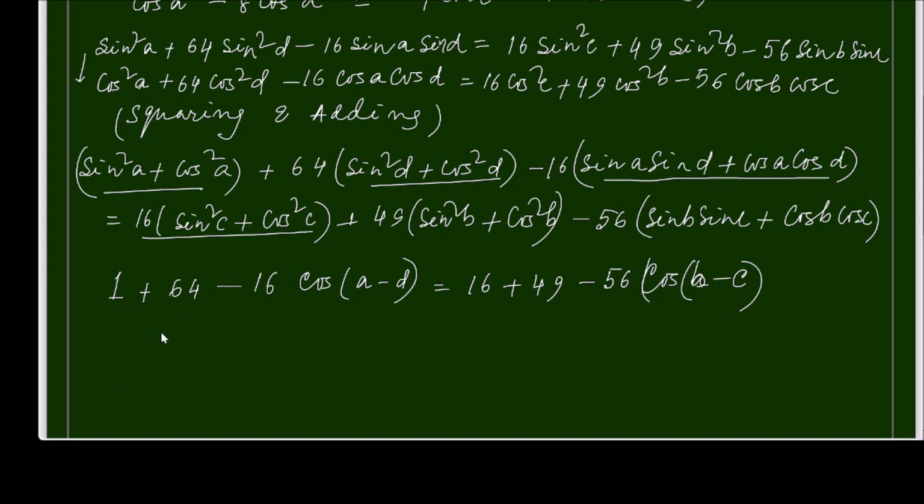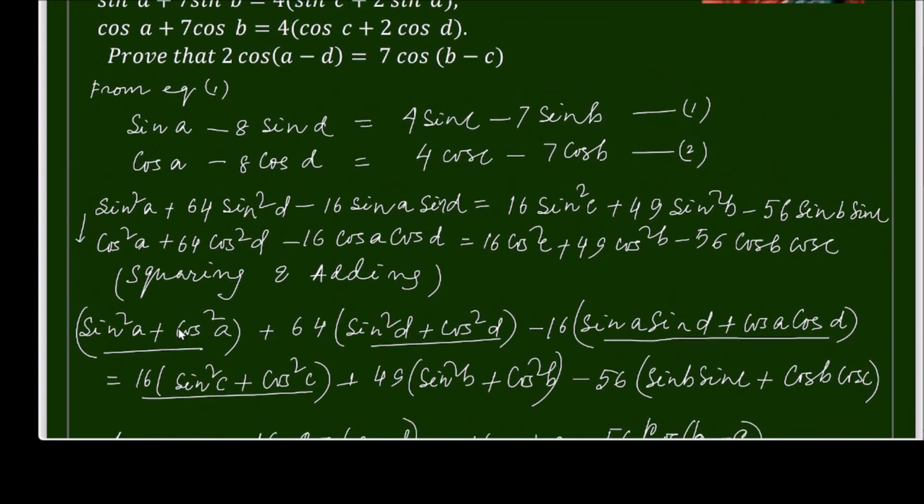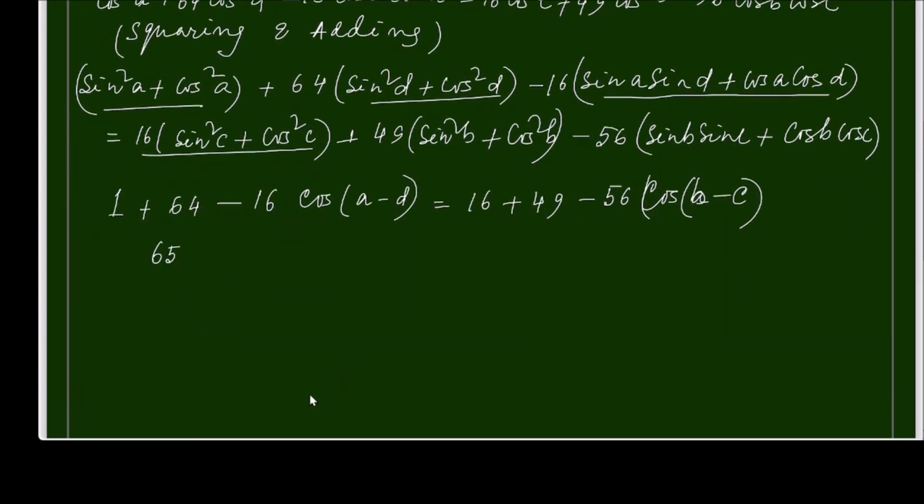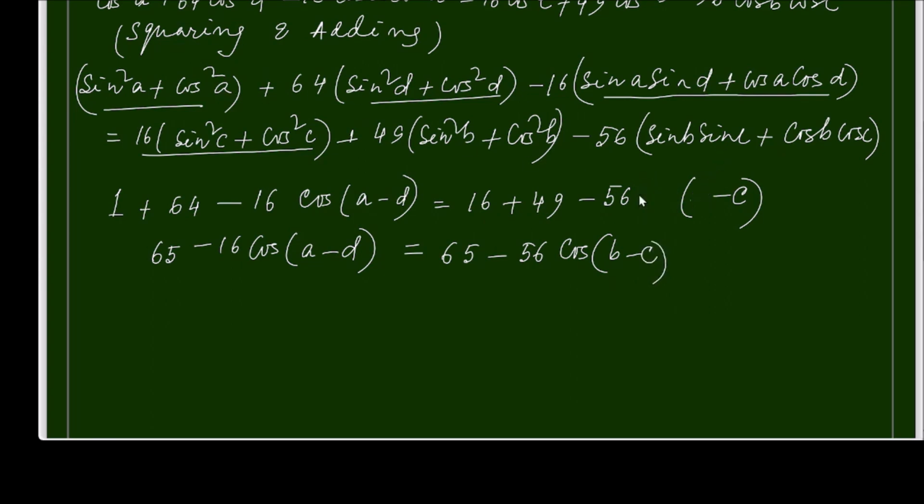So this gives us 65 minus 16 cos(A − D) is equal to, here, 65 minus 56 cos(B − C). So 65 cancels, negative negative cancels.